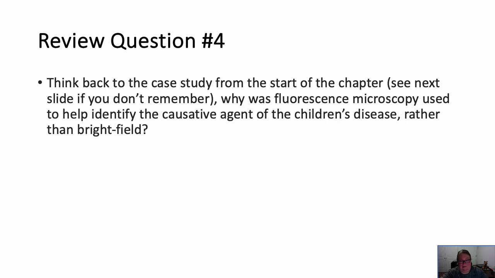Some hospitals do have them, but most do not. Being able to specifically select for that toxin using the antibody and seeing it pop up under the microscope was an easier way to diagnose what the children had than waiting for a micrograph of their blood to come back from an electron microscope. But pretty much the reason we used it is that we wouldn't be able to see the toxin using a light micrograph.